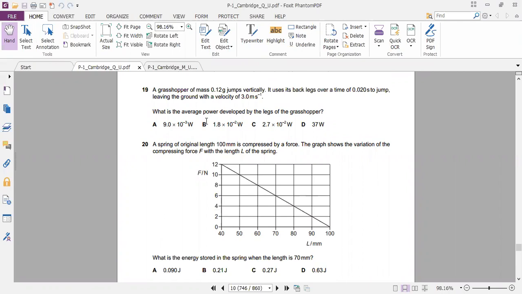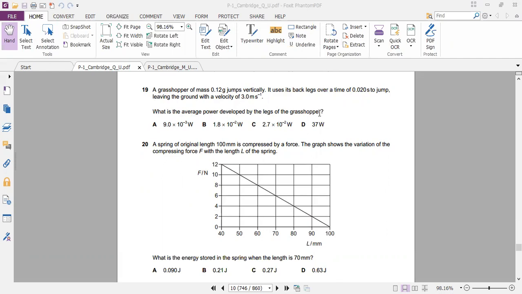Number 19 টা পড়ে ফেলি আমরা, চলেন। A grasshopper of mass 0.12 gram jumps vertically. It uses its back legs over a time of 0.020 seconds to jump, leaving the ground with a velocity of 3 meters per second. What is the average power developed by the leg of the grasshopper?